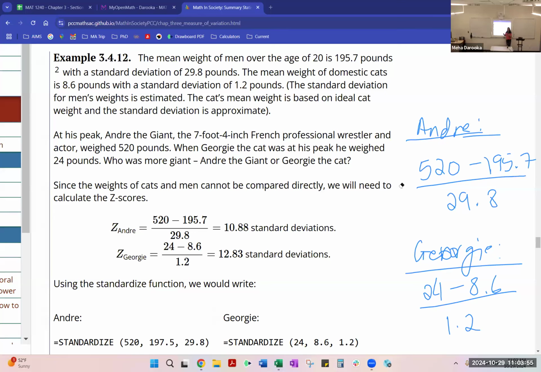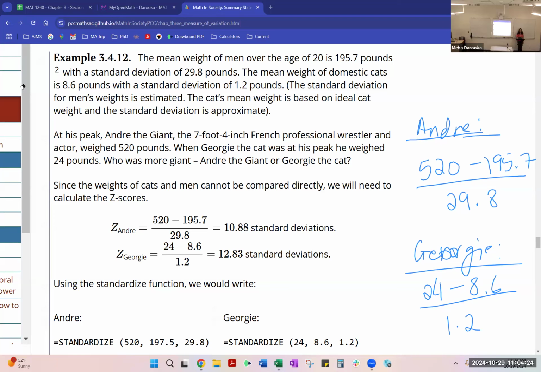We were talking about unusual being at 2 standard deviations above or below the mean. That's 10.88, almost 11, and that's 12.83, almost 13 standard deviations away from the mean. So both categories on their own are unusual, right? But like I said, the cat surpasses the giant man for its own category, because you can see it came up with a higher standard deviation.